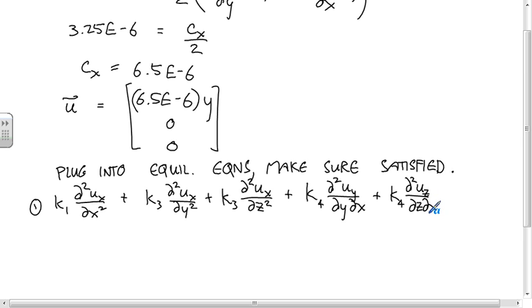That would be gravity, but we're ignoring gravity for this problem, so that's 0. Has to be equal to 0. Okay, and then we have the second and third.